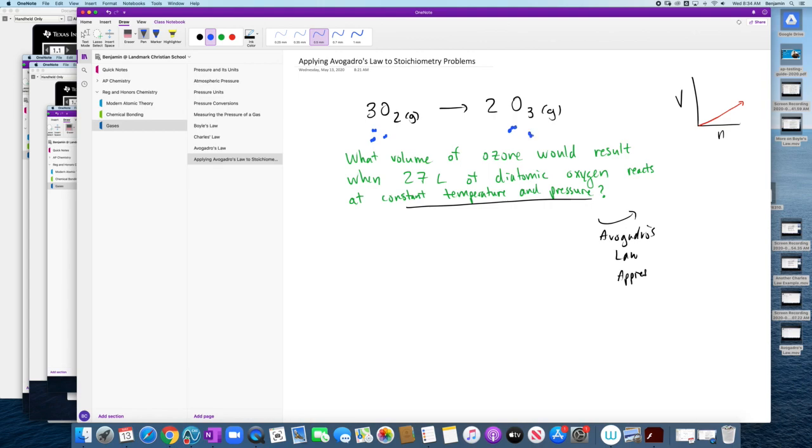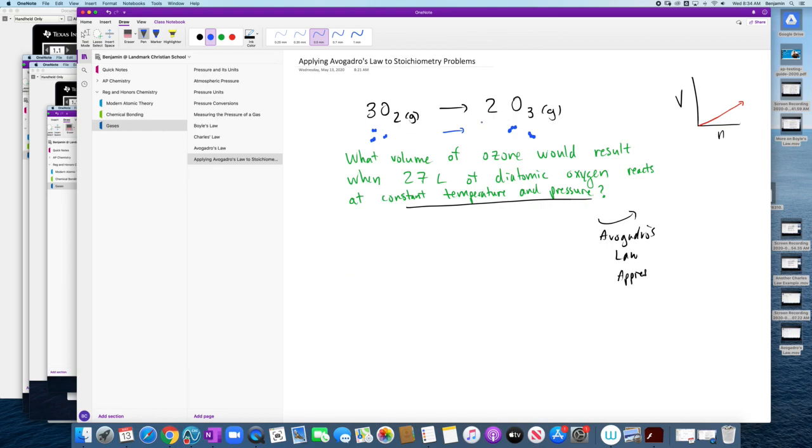At first you might think, how is that going to impact the volume? You still have the same number of atoms here. Well, Avogadro's insight was that it's not really the number of atoms that matters so much, it's the number of particles. These particles are all really tiny in comparison to the volume of the container, and the amount of space they take up is so small that we basically say they're the same size relative to the container.